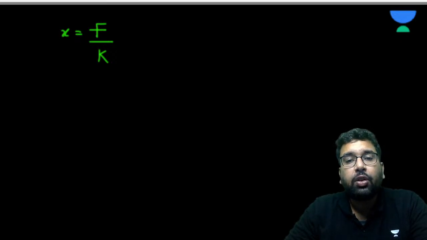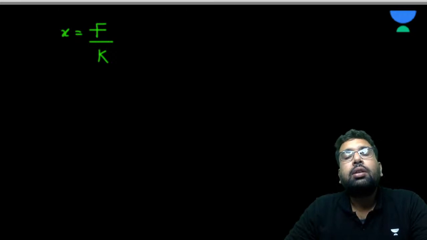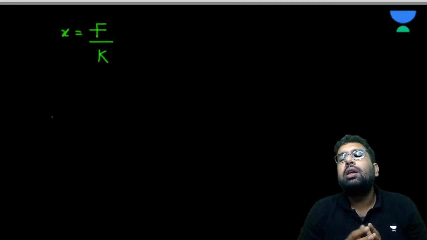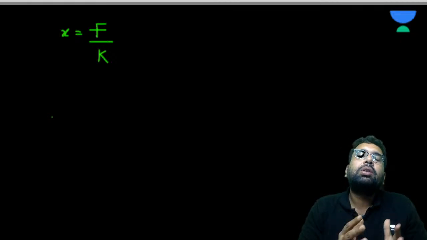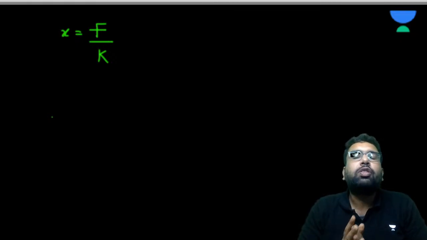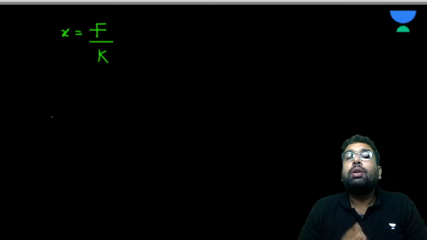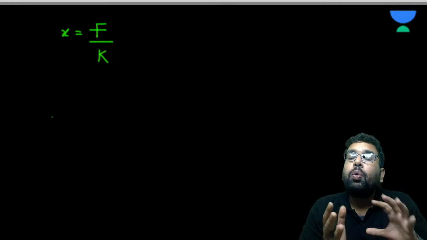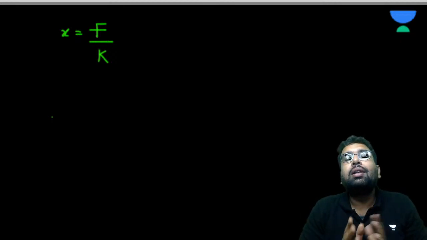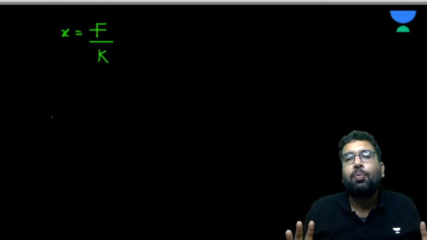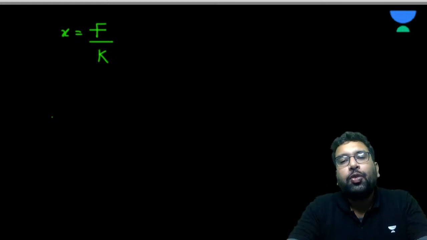What is the stiffness of any body or a spring? Stiffness is the resistance towards deformation or deflection of a body. How can we relate the stiffness and the displacement? We have only this formula. Now you have to find x.